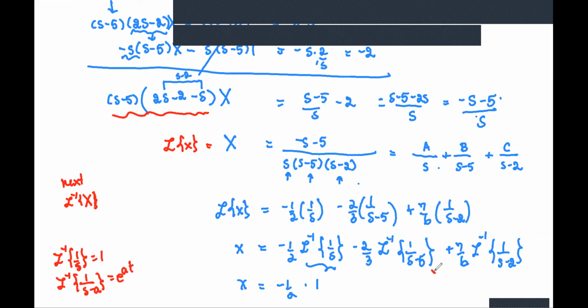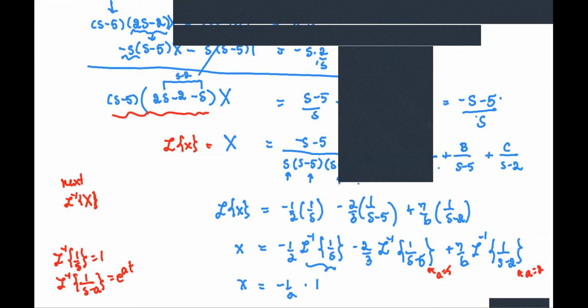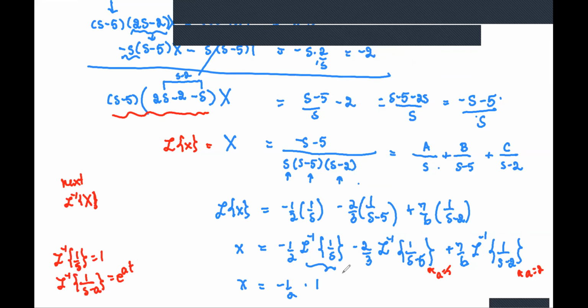So for the second term, the a is 5. The last term, a is 2. Now we have the exponential for the last two terms. Now we have negative 2 over 3 multiplied by e to the 5t. And the last one is 7 over 6 times e to the power 2t. Now we have one of the solutions come out.